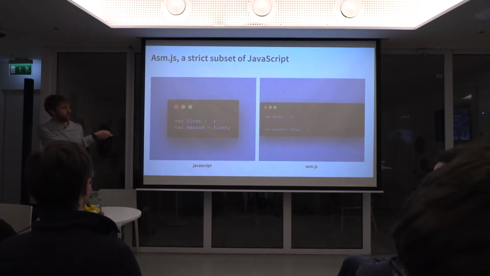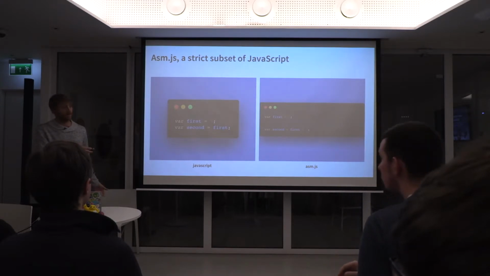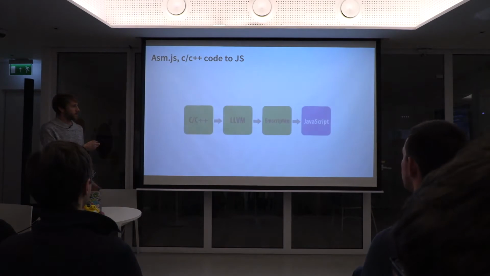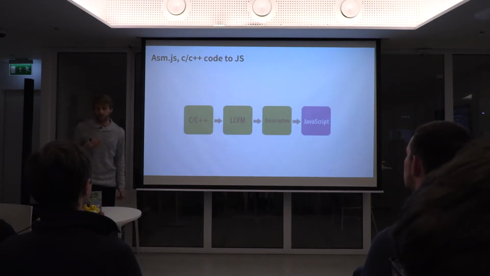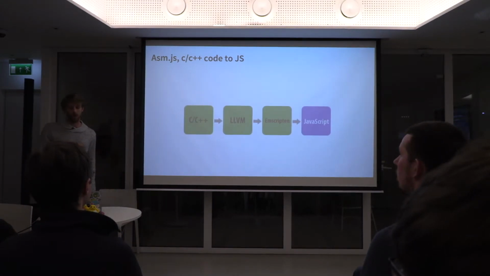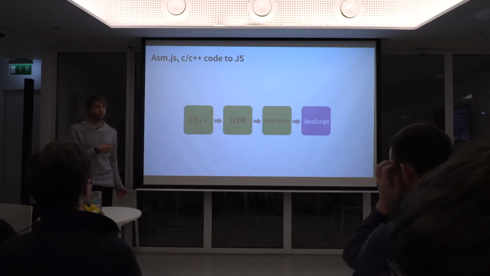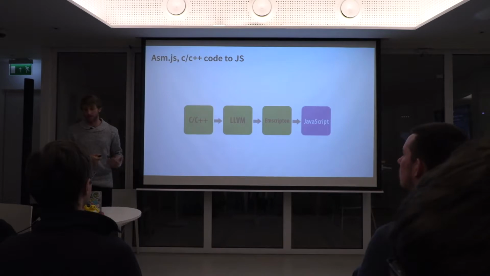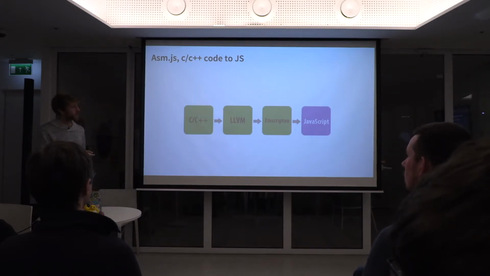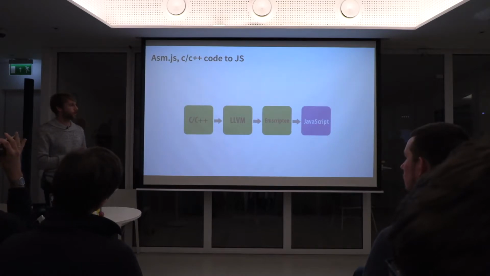But no one wants to write this code, right? No one can think about this code, and no one writes this, and it's very, very hard to maintain code like that. And that was actually not the thought behind ASM.js. So what ASM.js is, the output is ASM.js, but the input is C or C++ or some other language, usually statically typed. And it passes through this stream of compilations.